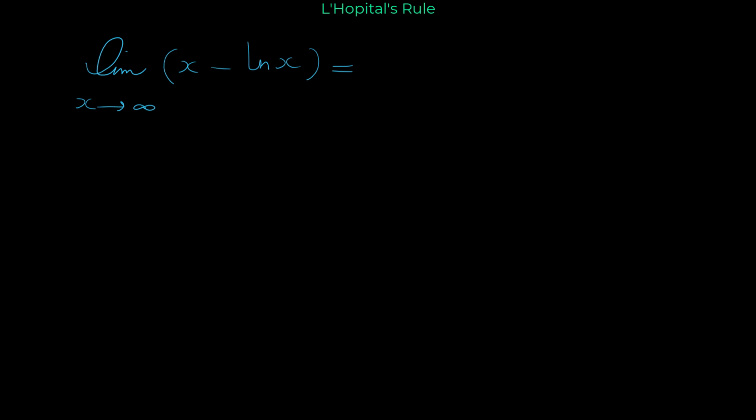We need a fraction, then we can apply L'Hopital's rule. So we have to find a way to make this something in fraction form. But how can we do that?